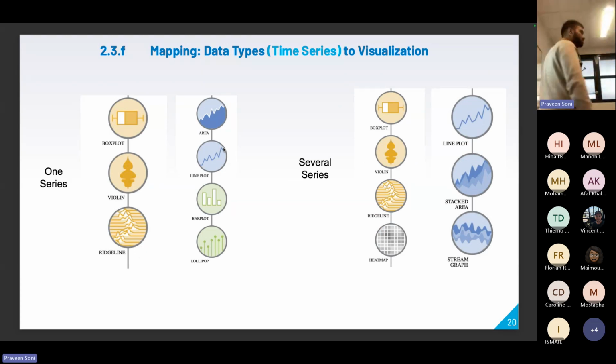About the time series, as I already told you, the different types of plots can be done. There is one point, even box plot and violin. You can tell me first, then I will tell you. Box plot and violin, can they be possible with time series or not? Do you have the marker? I don't know. Anyone? Yeah, you can.